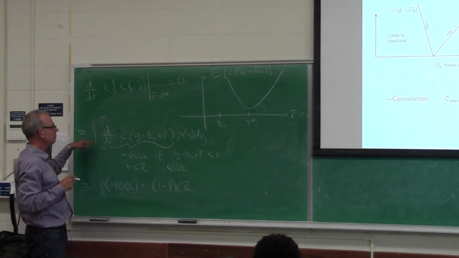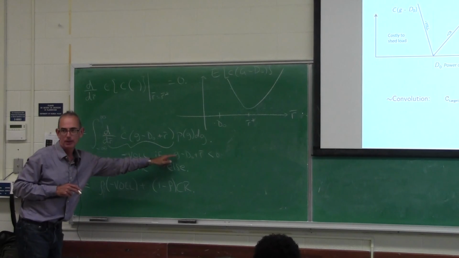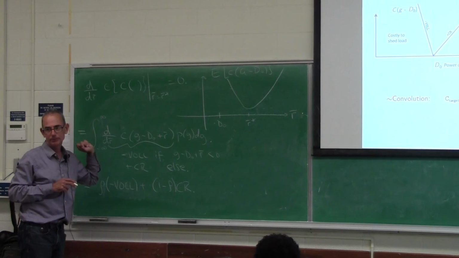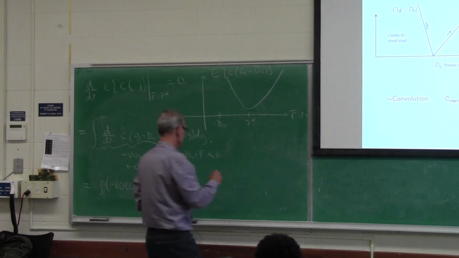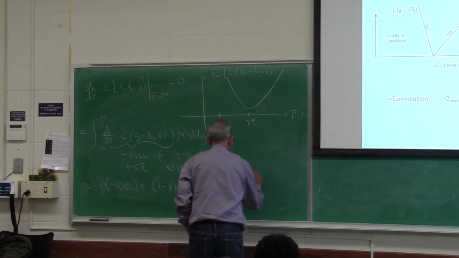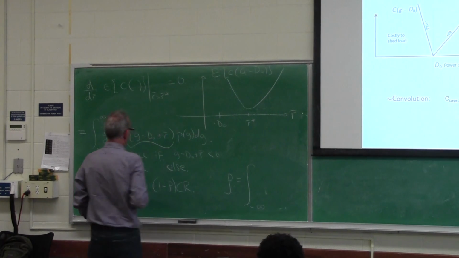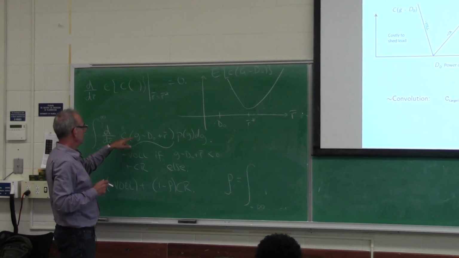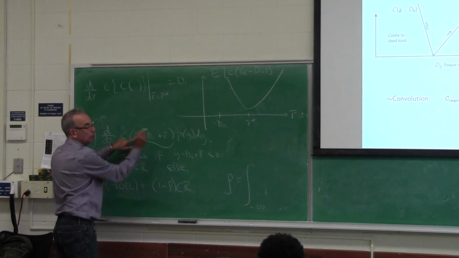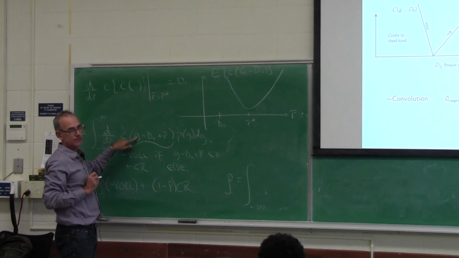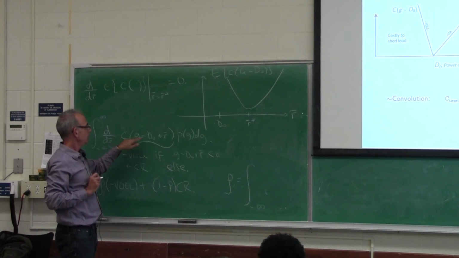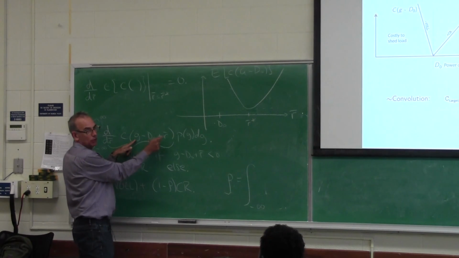It's the integral from minus infinity until the first time this thing hits 0, up until when G is equal to D naught minus R bar.